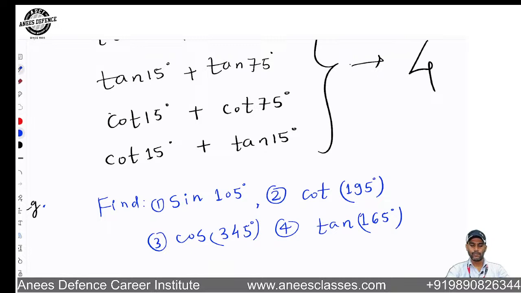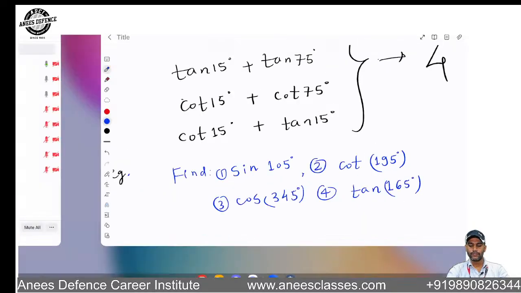Root 3 plus 1 by 2 root 2. Yes, which one? First one. Yes, sir. What is the answer you are getting? Root 3 plus 1 divided by 2 root 2. Okay. Any other answer?